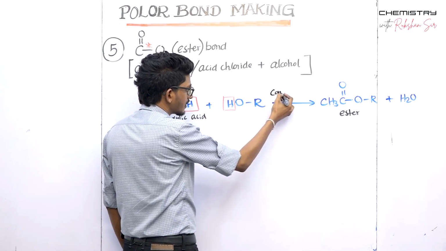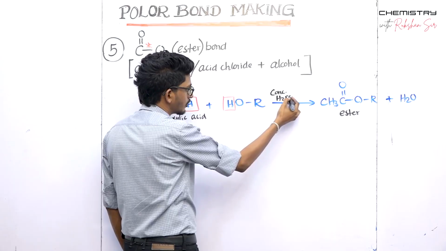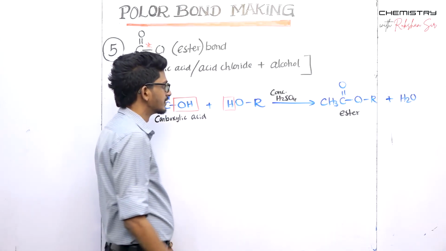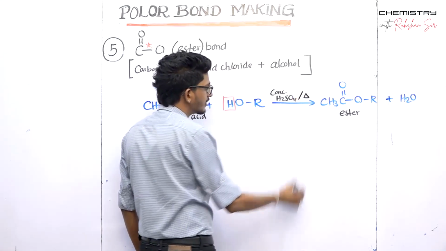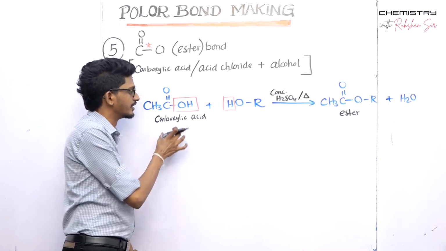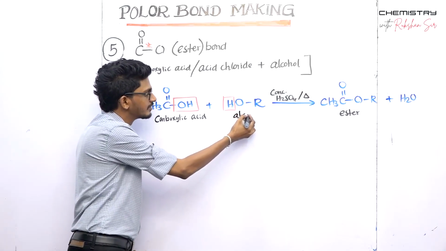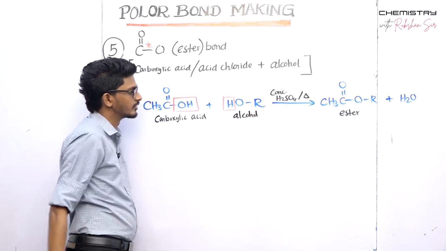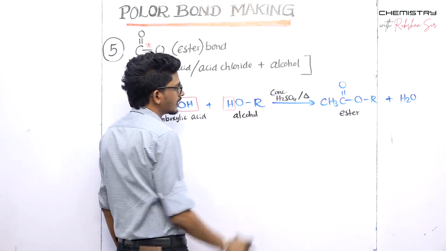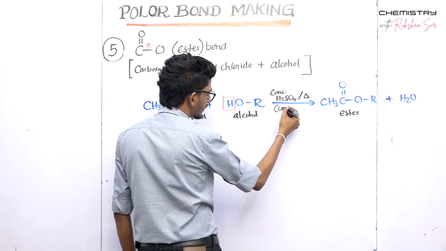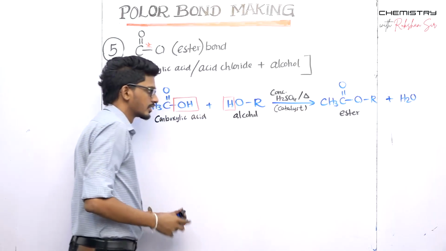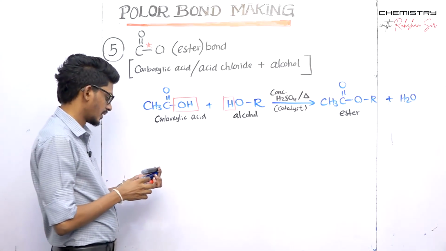That is the concentrated H2SO4, highly needed with some heat, to create this ester when reacting a carboxylic acid with alcohol. It is essential to use the conc. H2SO4 catalyst to form the ester.